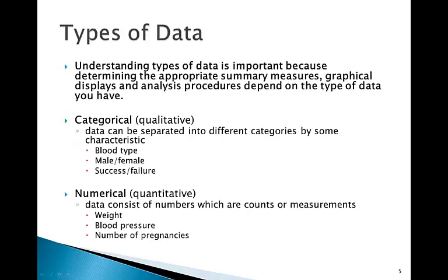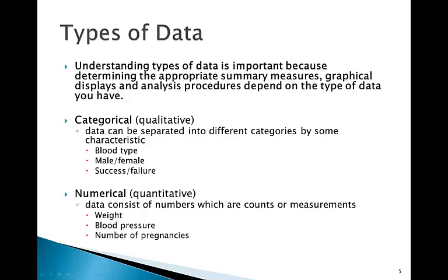So to start out, we have to understand types of data. Understanding what type of data you have is really important because that determines everything else that you will do. So it'll determine what summary measures you use, what graphs you'll use, what analysis procedures you'll use. It determines everything. So this is a really crucial step.